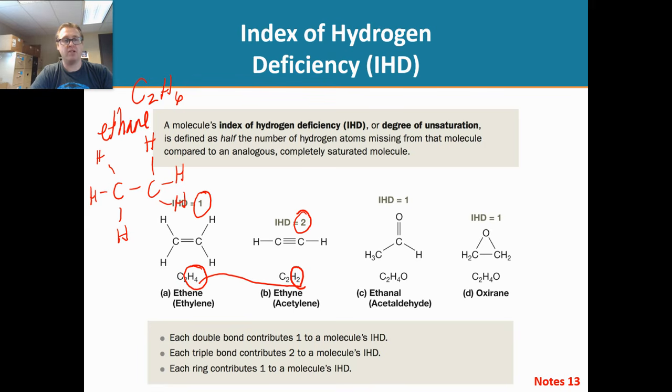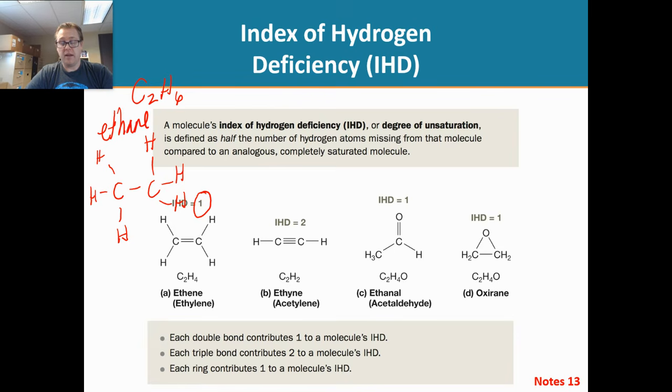Every degree of unsaturation reduces the amount of hydrogens possible by 2. That also goes for when you have double bonds to oxygen atoms, as in this aldehyde compound. That double bond is responsible for 1 degree of unsaturation.